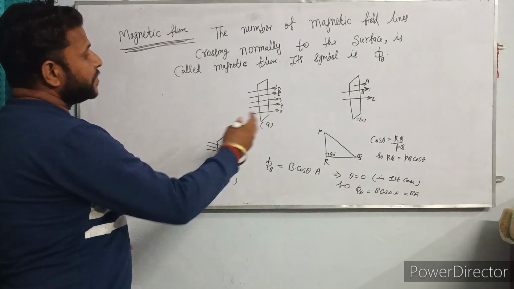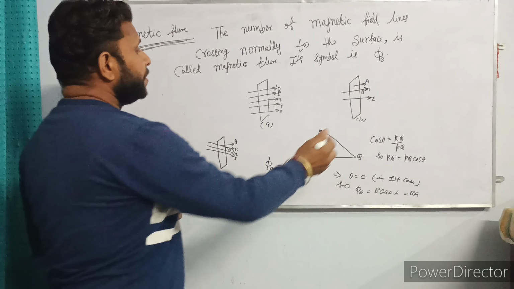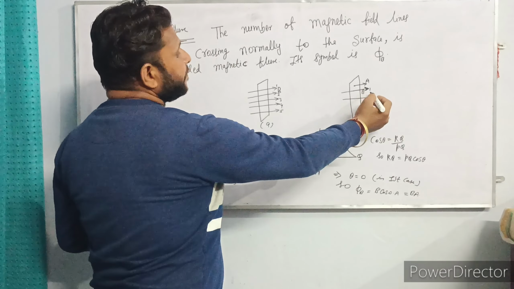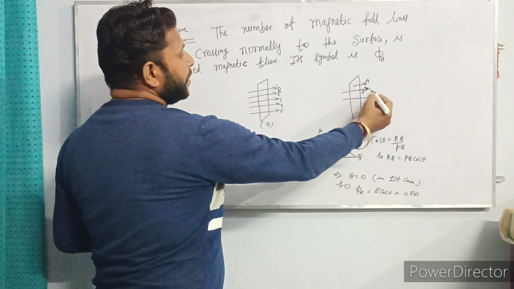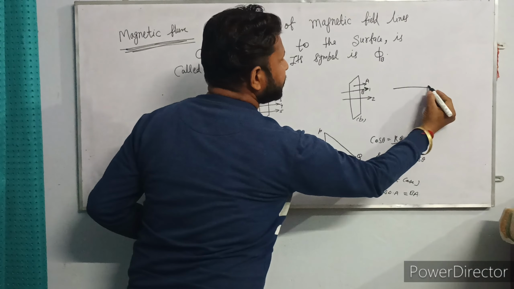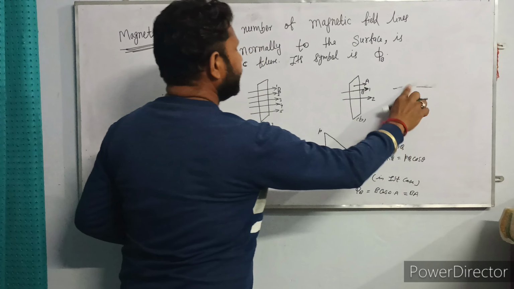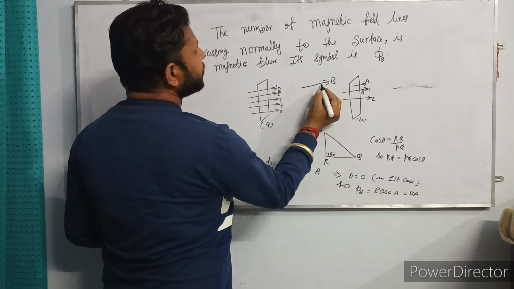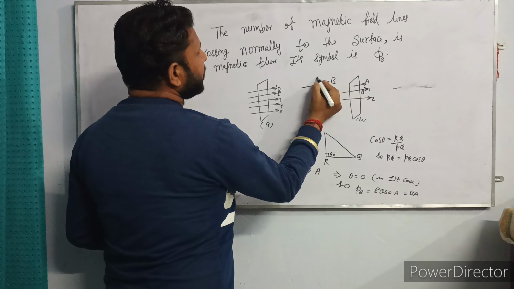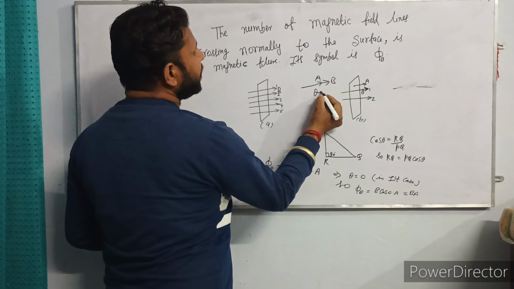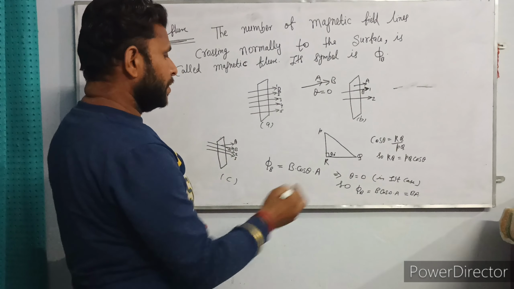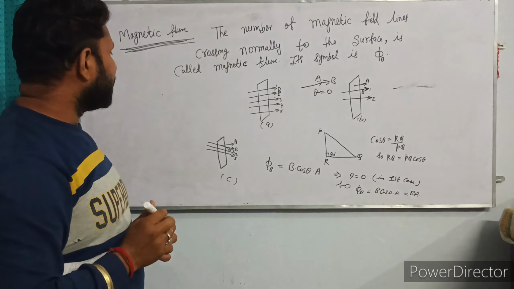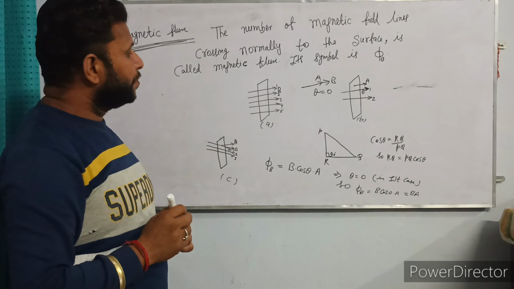Okay students, it is the first case. When the angle between magnetic field lines and area vector theta equals 0, then magnetic flux phi B equals BA.